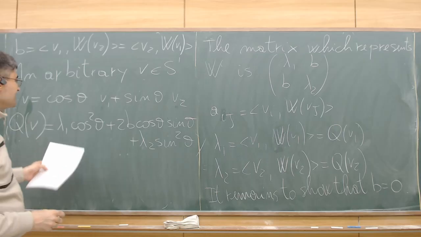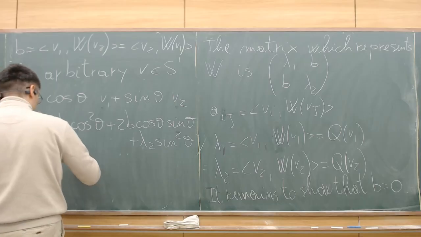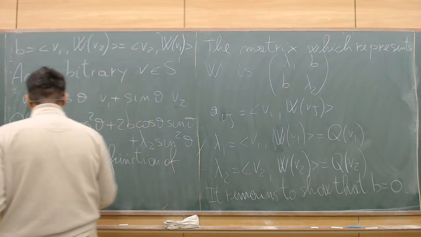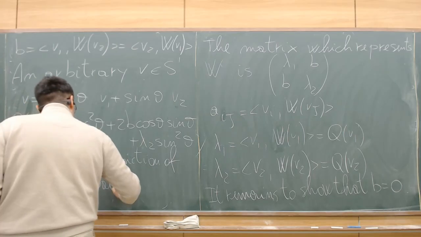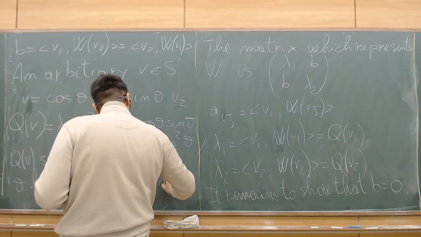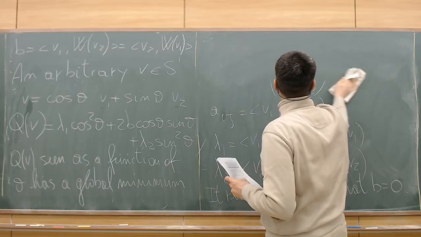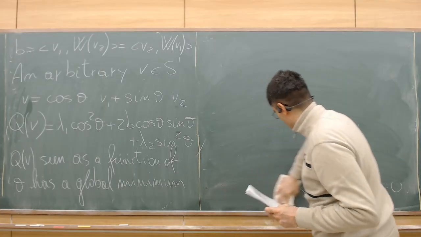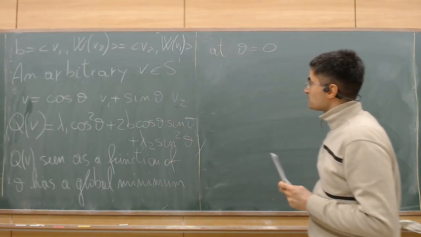If you study this function, you will find that Q of V, seen as a function of theta, has a global minimum at theta equals 0.